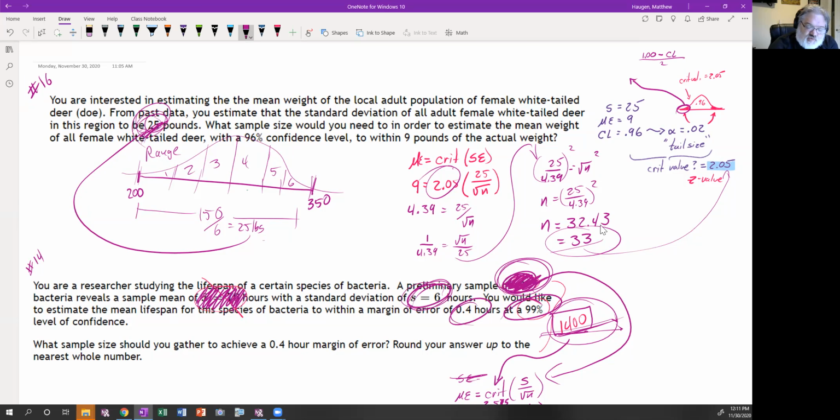And then since we know the area there, we know the proportion we want, and we're trying to find a value, that's our inverse norm direction, right? Yeah. So that 0.02 with the 0.1 will give you the 2.05 about. It'll be slightly different because it's rounded.